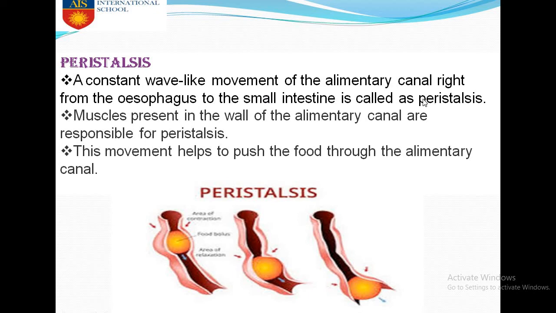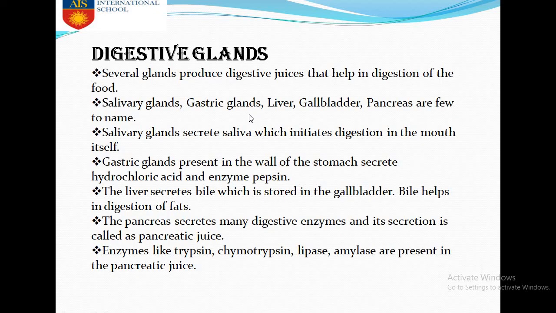It helps in the movement of bolus in a wave-like motion, and the muscles present in the alimentary canal are responsible for peristalsis. This movement helps to push the food through the alimentary canal.